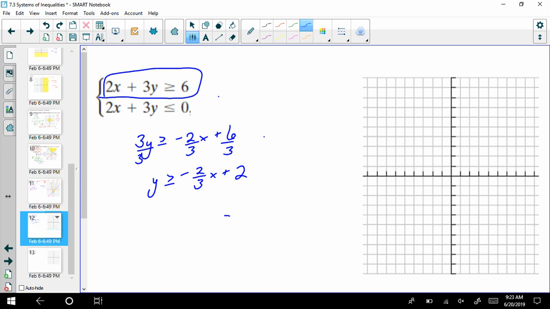So let's graph that. I want to begin at 2, that's my y-intercept, and my slope down 2 right 3, down 2 right 3. Solid or dashed line? Solid.